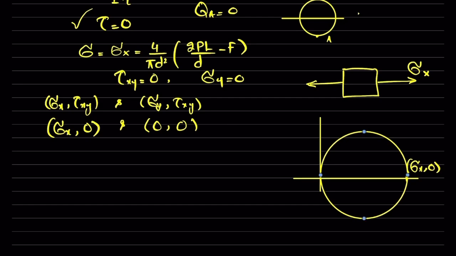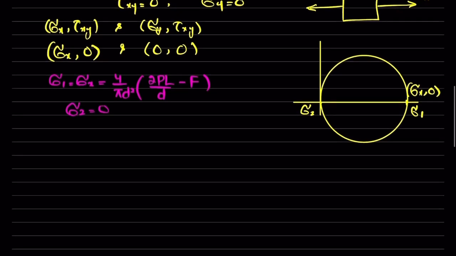So you can see that this is the principal stress, where we have sigma 1 and sigma 2, which is this one. So here you can see that sigma 1 will be equal to sigma x, which is equal to 4 over pi d square into 2pl over d minus f. Clear? And sigma 2 is 0. So these are the principal stresses.